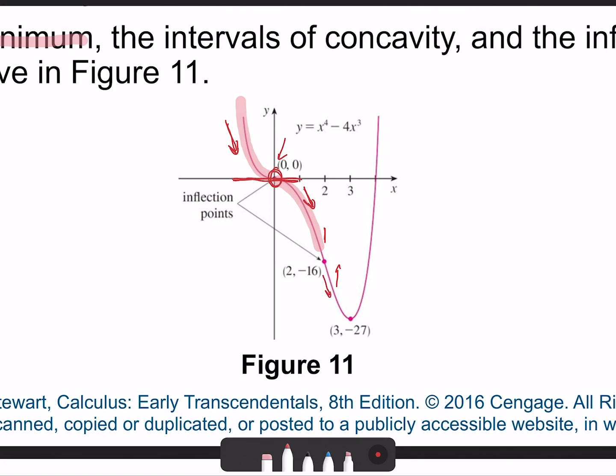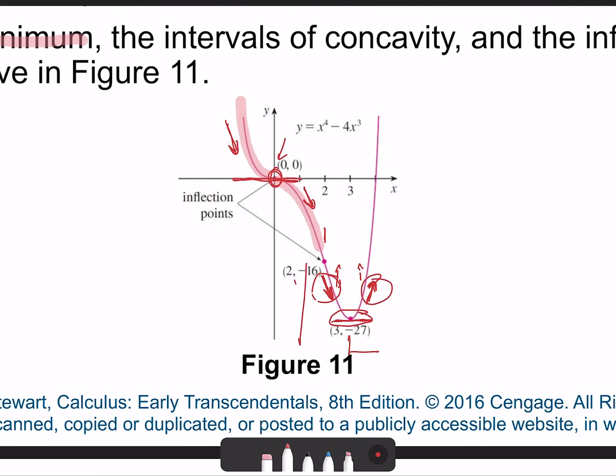On this interval to the right of our x value of 3, our concavity is still concave up, but we change from decreasing to increasing, and it's that change on a horizontal tangent line there. So changing from a negative slope to a 0 slope to a positive slope told us that it was a minimum.